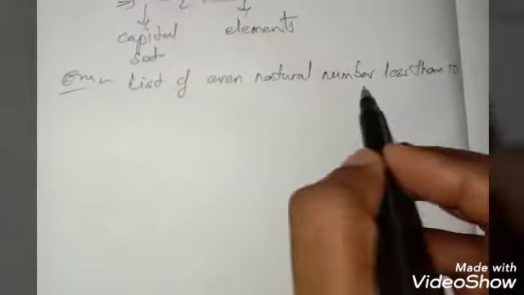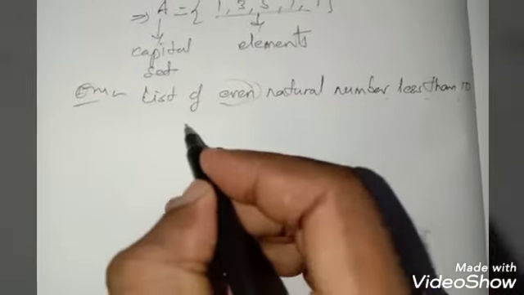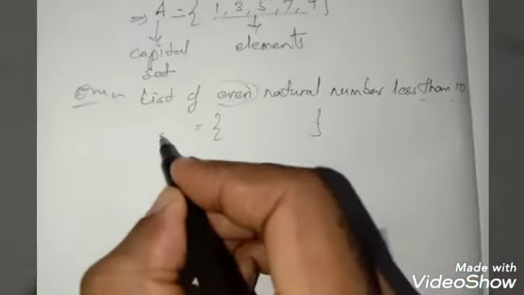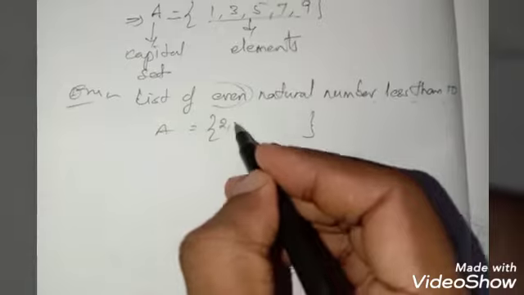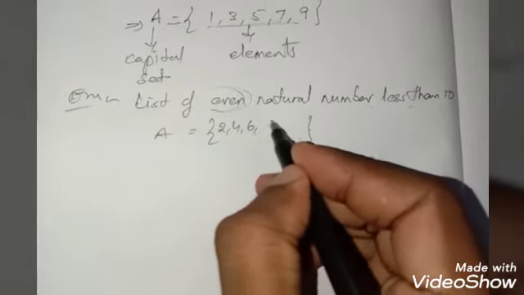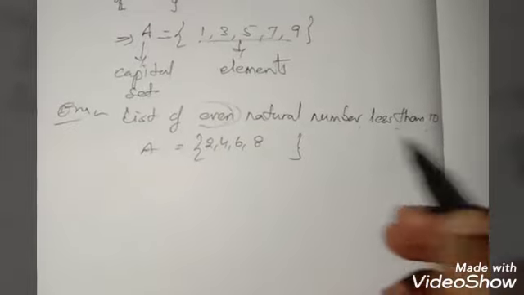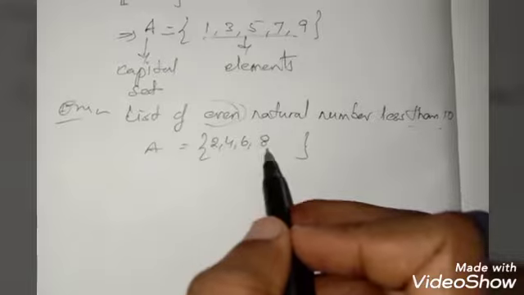The numbers are less than 10 and the common feature is even. So I can write this as A, the even natural numbers, starting with 2, 4, 6, 8. They have asked less than 10, so I am not including 10 here. So the answer is A is equal to 2, 4, 6, 8.